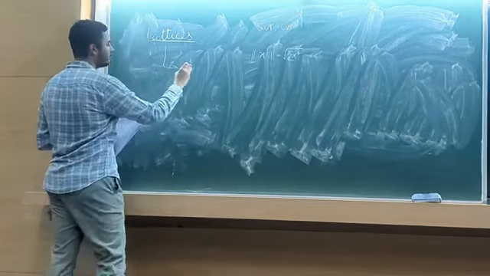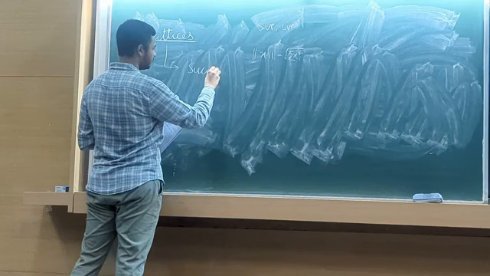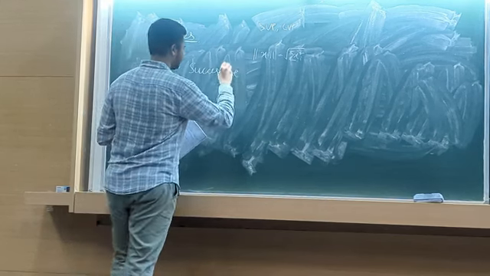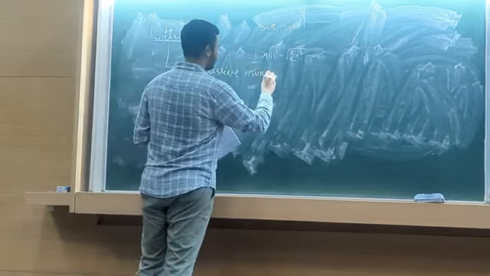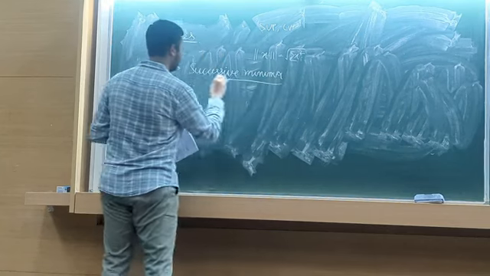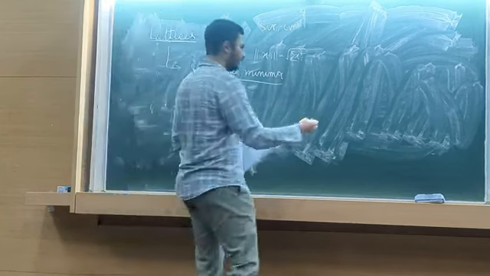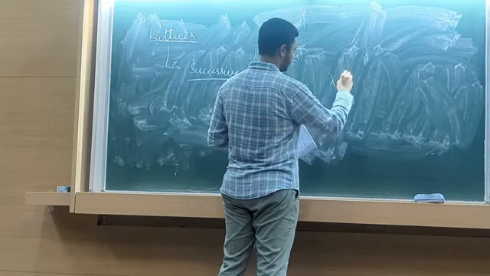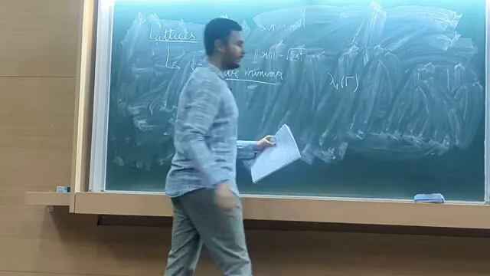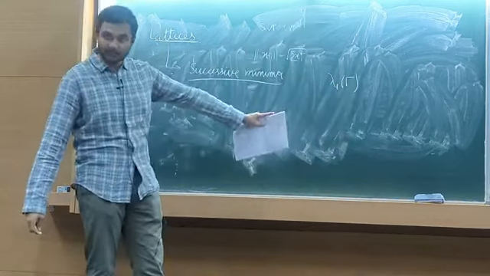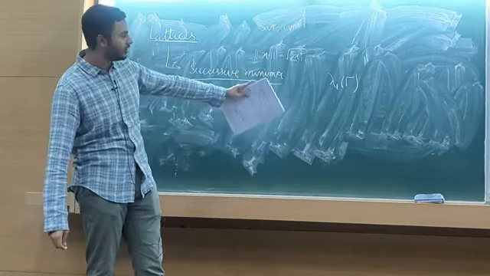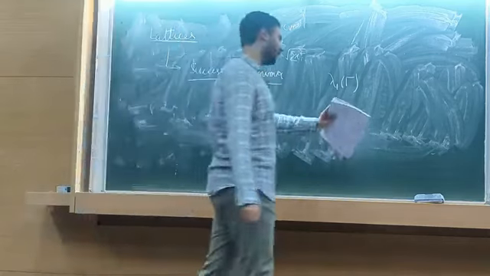So now I want to define successive minima. I'll go slowly. Lambda 1 of gamma is the length in the Euclidean norm of the shortest non-zero vector in gamma. Right?